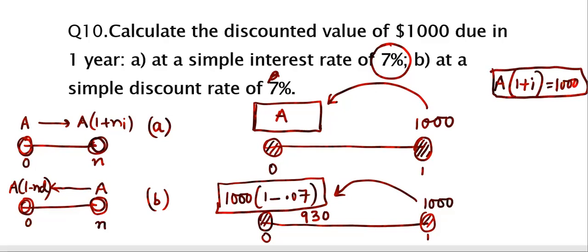That is the first thing. A will be equal to 1000 divided by 1 plus i, which is 1.07. That will be equal to 1000 divided by 1.07.